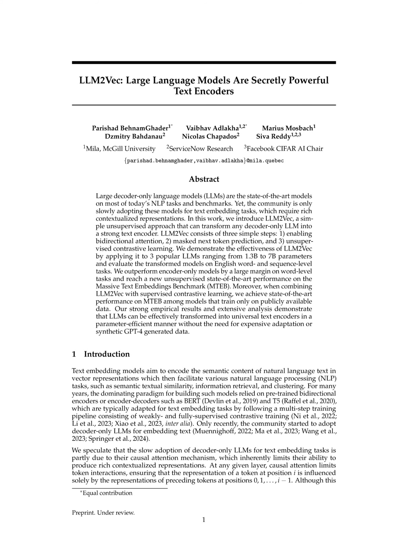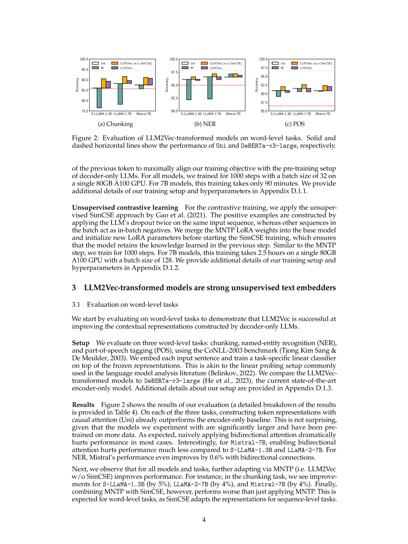Specifically, enabling bidirectional attention without any training hurts the embedding performance for most models, including SLLaMA 1.3b and LLaMA 2-7b. However, for Mistral 7b, enabling bidirectional attention has a less detrimental effect on performance compared to the other models.